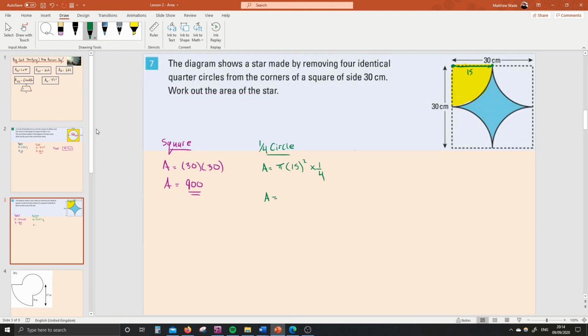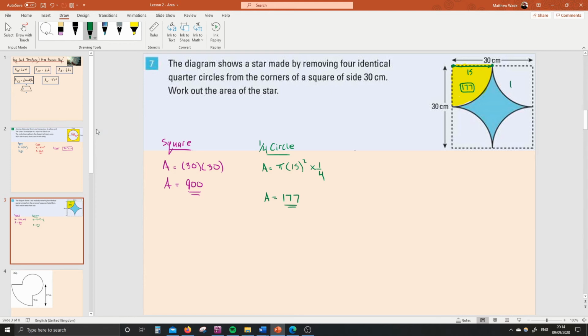I'll do that now and you do it as well. So it's pi times 15 squared equals, there we are. I got 176.7, which is 177 to 3 significant figures, so rounding. So a quarter of a circle is 177. Cool.